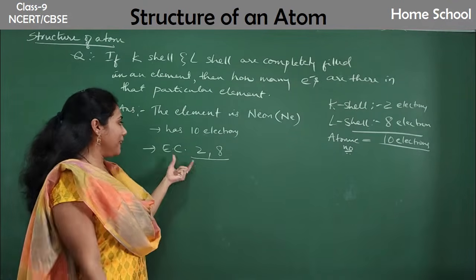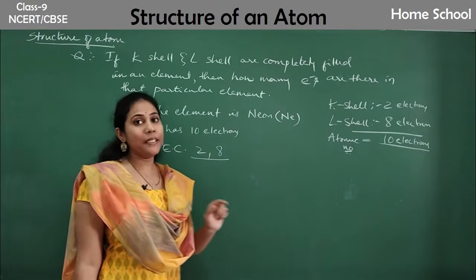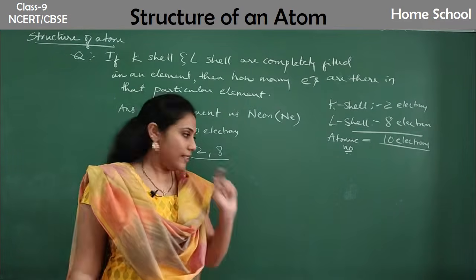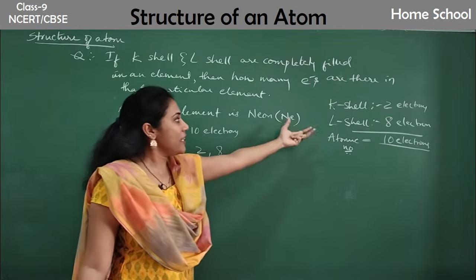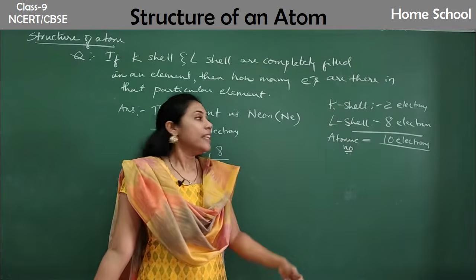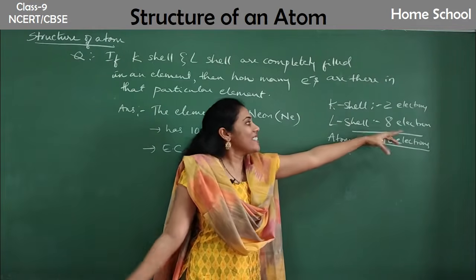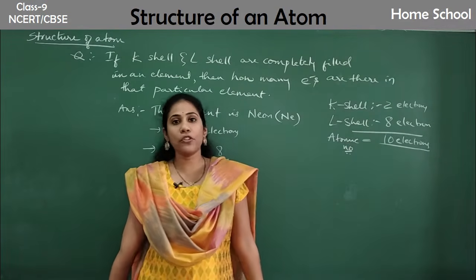Now, keeping this answer in our mind, one more point I said in the previous class: the outermost shell, which is the last shell here, L shell, that's it. Whichever shell has the last electrons is called the outermost shell.